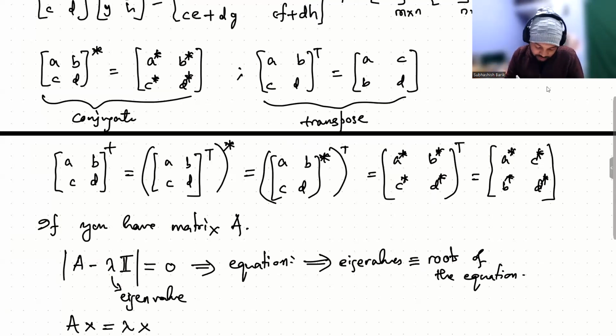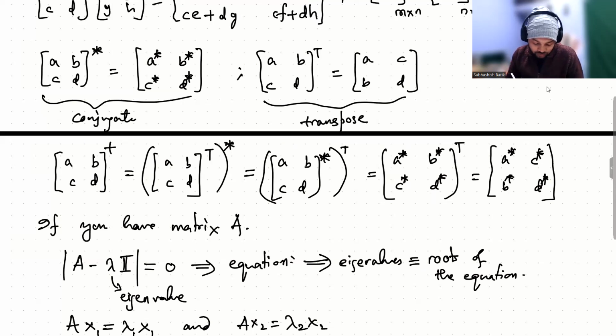So in case you have two eigenvalues, then you will have two eigenvectors, right? It could be something like A of x1 is lambda 1 times x1, and A x2 is lambda 2 times x2.